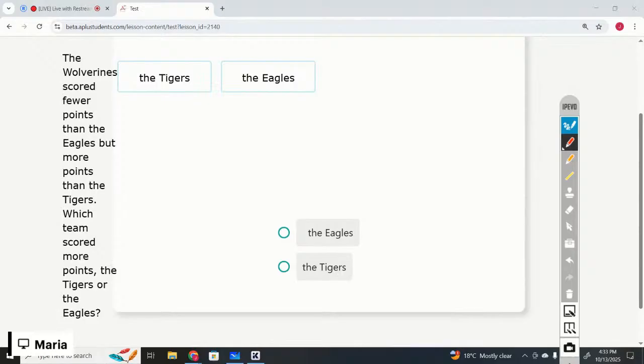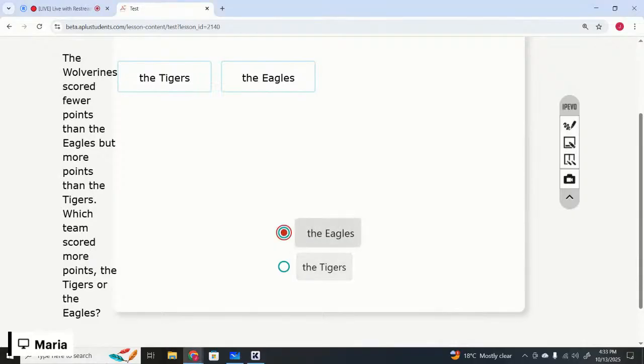Which team scored more points, the Tigers or the Eagles? The Eagles scored the most points. The correct option is the Eagles.